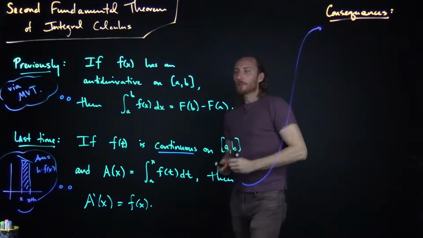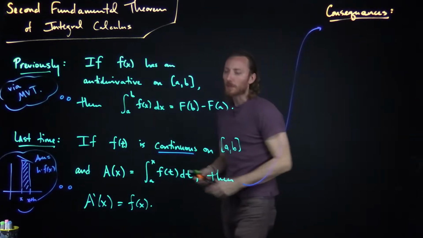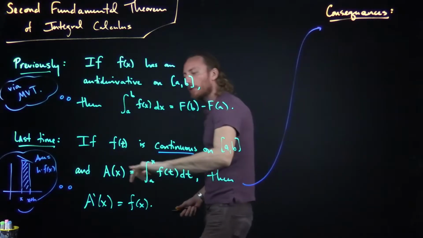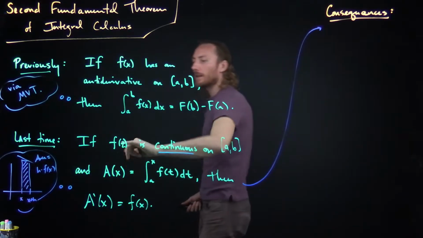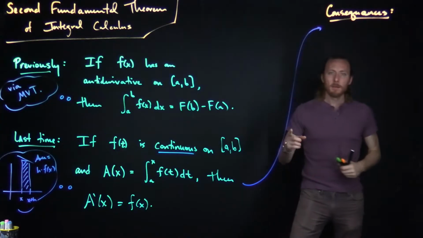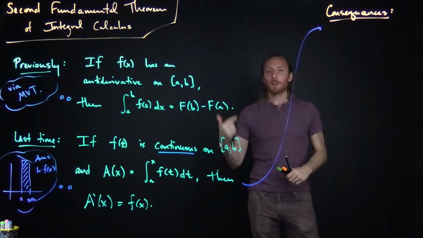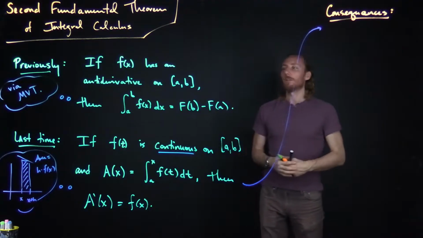Well, we assumed that function little f was continuous, and when we looked at the accumulation function, we found a function capital A whose derivative was little f. But wait a second. If we found a function whose derivative is little f, then we found a function that is an antiderivative of little f.